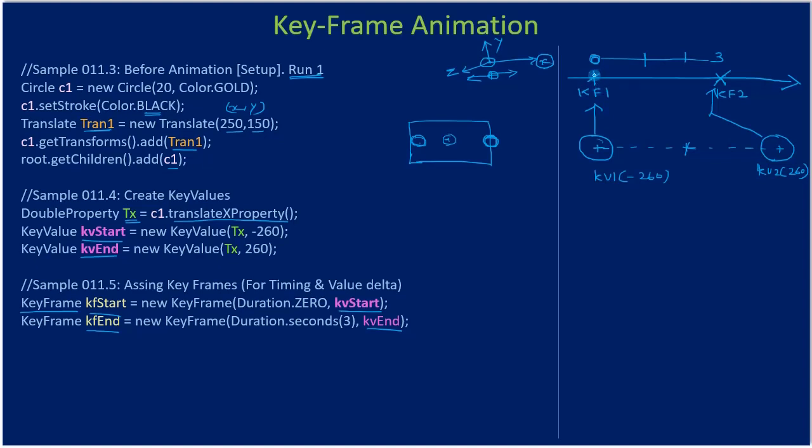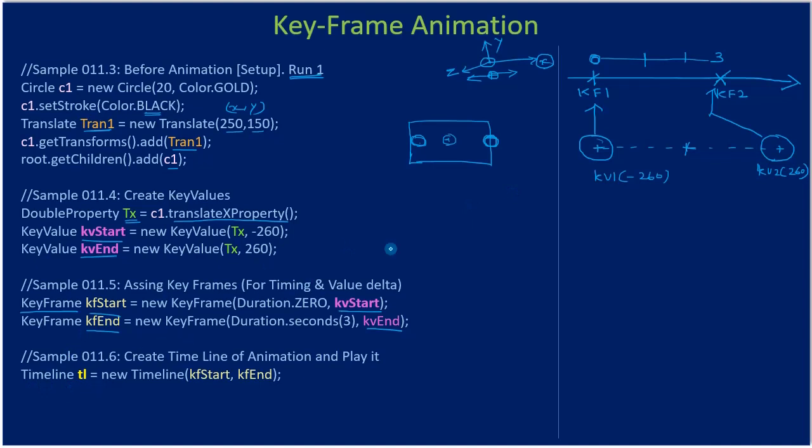So this is the time frame, the keyframe is linked, and the keyframe is linked to the translation key value, right? Now we create the timeline based on these two keyframes which we created, kf start, kf end.